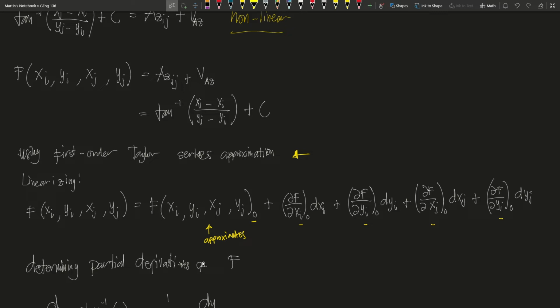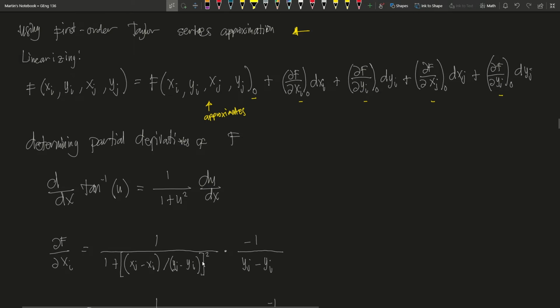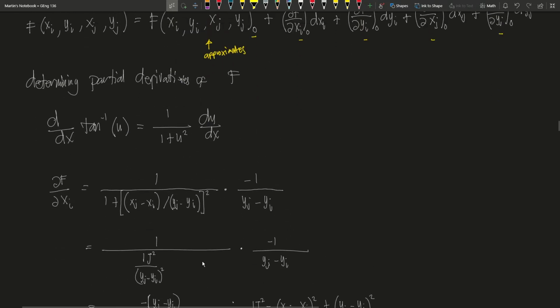So determining the partial derivatives of your function, let's say the first derivative of your arctangent is equal to this one. So we apply these properties to the next part of the equation. Then we have here, okay. So it clearly shows that these are the solution.